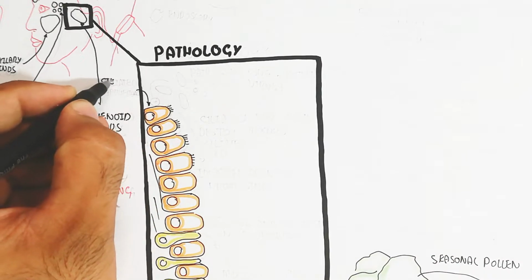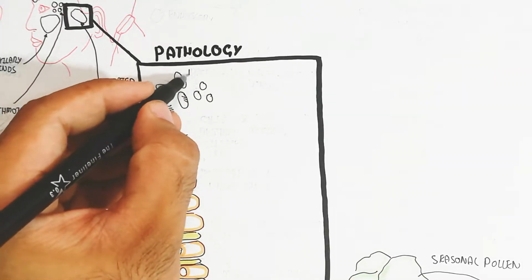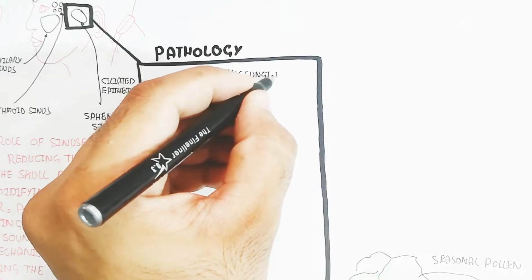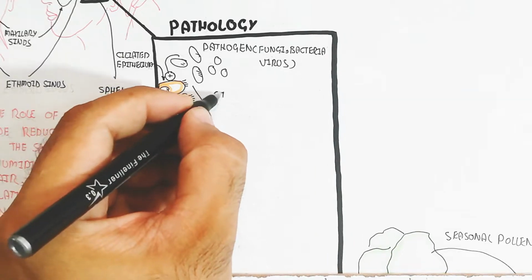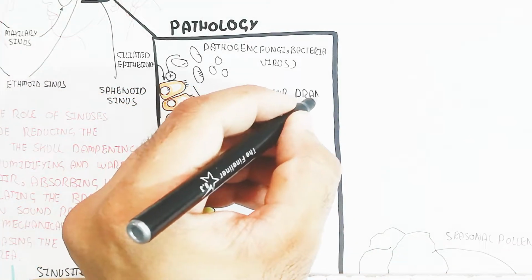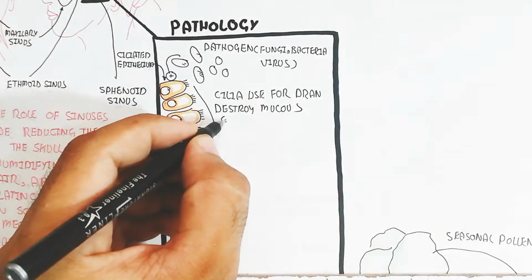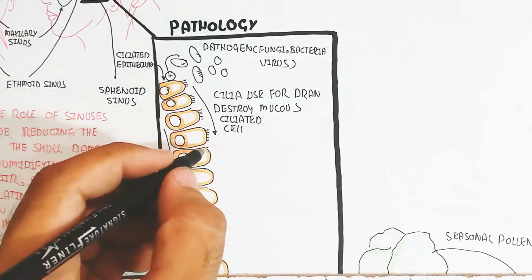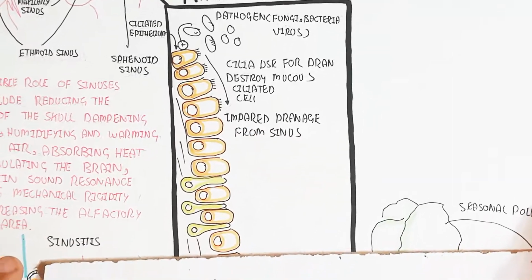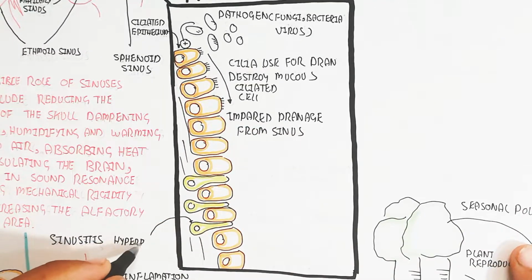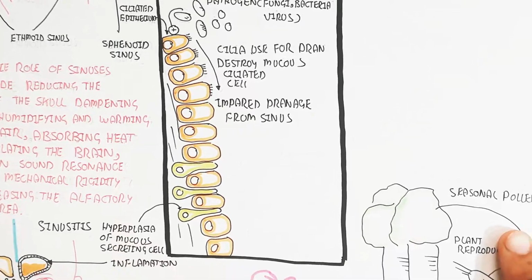For example, when bacteria or fungi or virus enter the ciliated epithelium, which is the layer of the sinus, the infection of the ciliated epithelium will decrease the ciliary projections, and the cilia are used for drainage, so the mucus-ciliated cells are destroyed. When mucus increases, the cilia will be damaged, and in this way the drainage from the sinus is impaired.